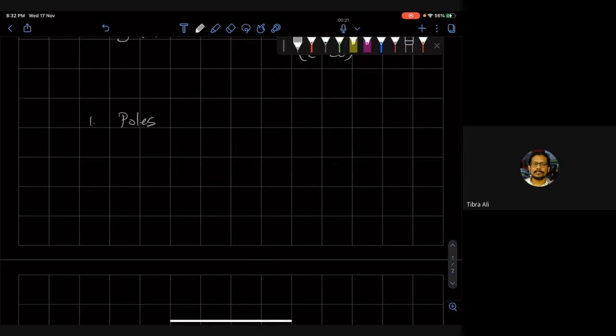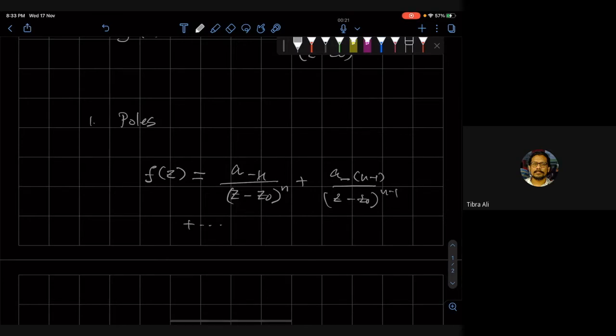And poles basically were singularities where, if the Laurent series expansion had a finite number of singular terms, that means the terms with the negative exponents, so this should be a minus n, z minus z naught to the power of n, and so on, and then there may or may not be a term a minus 1 over z minus z naught, and then a0, and then non-singular terms.